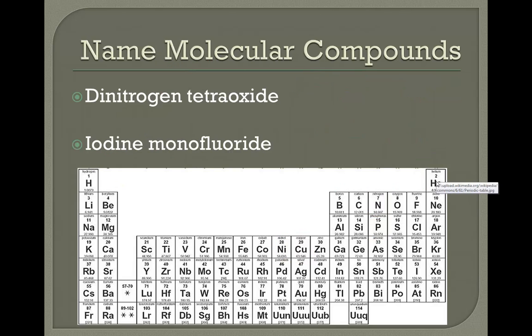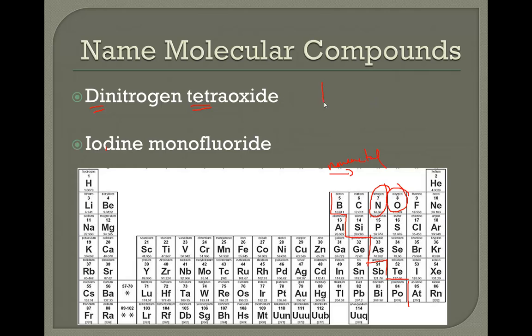For molecular compounds, remember there's this line here. If it's on the right, it's a nonmetal. Notice that both nitrogen and oxygen are on the right hand side. We have 2 nonmetals here. That's how I know I have a molecular compound. So here we use the prefixes, and that's telling you how many I have.